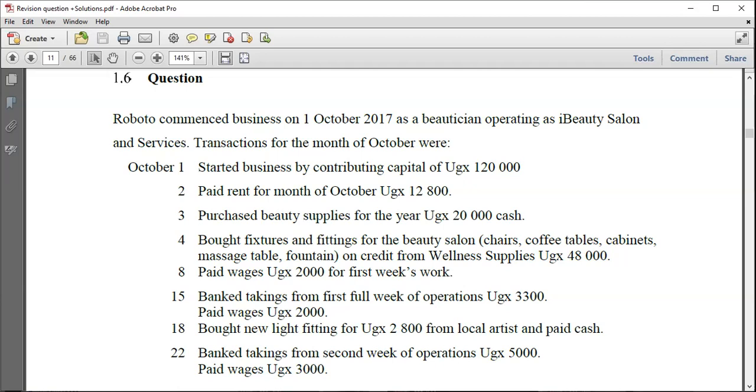Then we have paid rent for the month of October, 12,800. Now, rent is an expense.